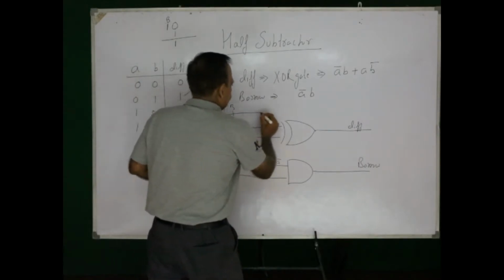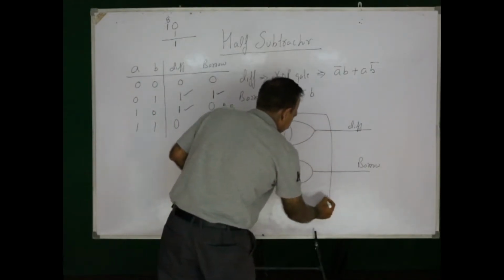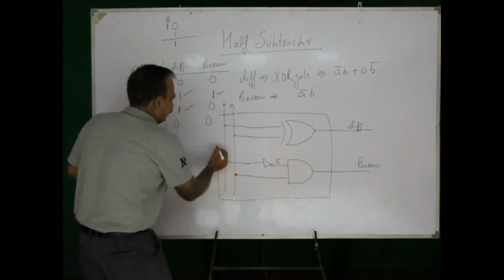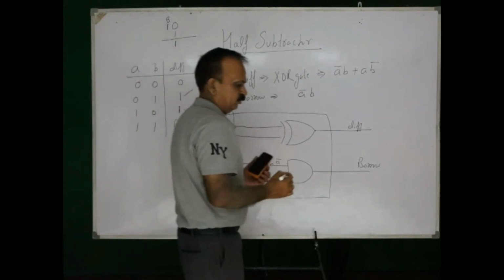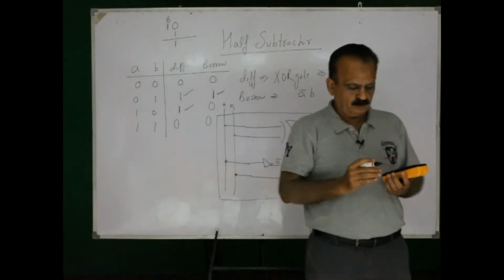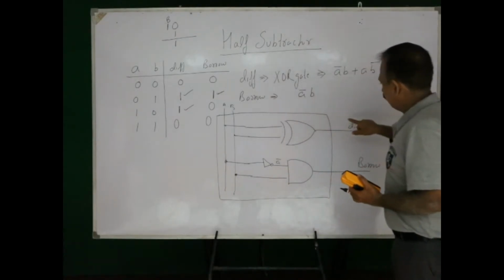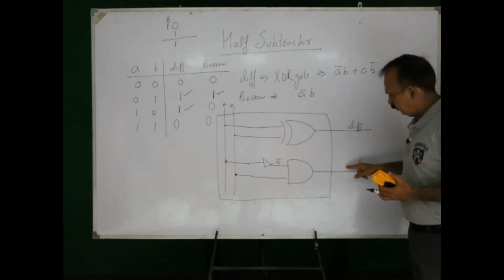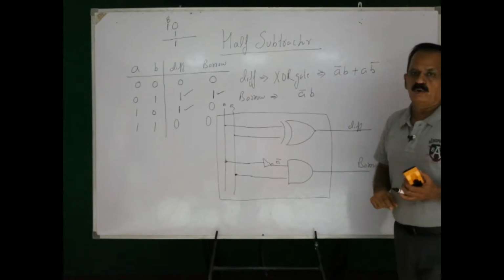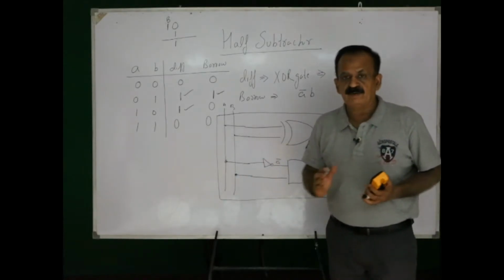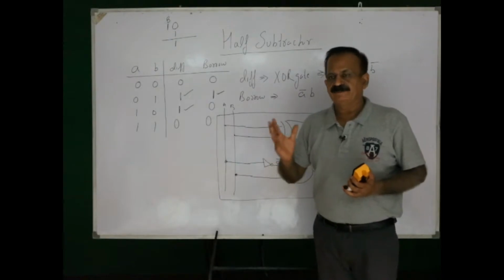Now, this particular block represents the half subtractor. If I give values of A and B, this value will be the difference and this value will be representing the borrow, and the representation will be A minus B.